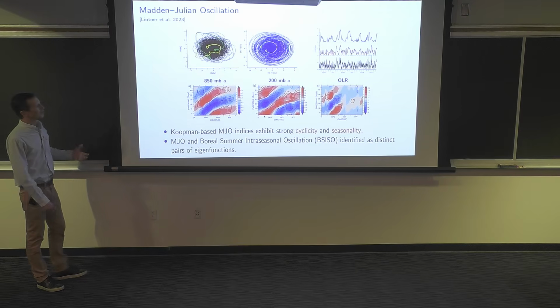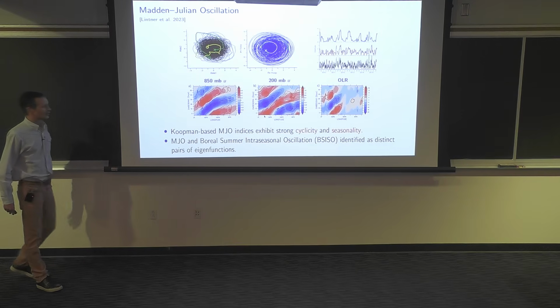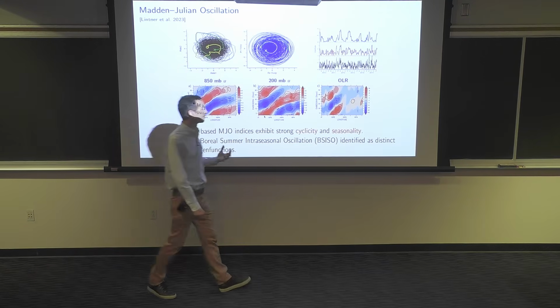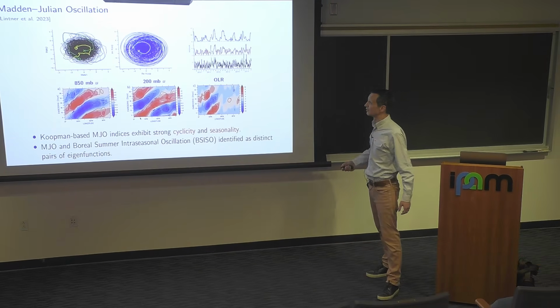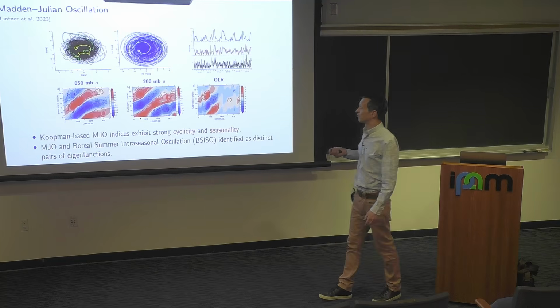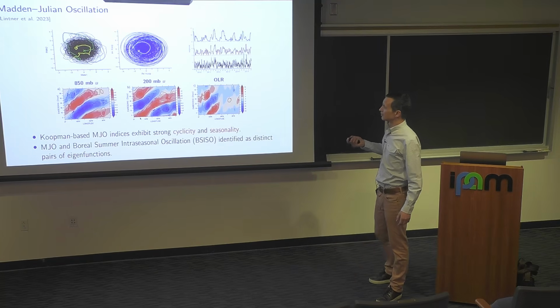Now, on to a related but more real-world example. This is showing something similar for extracting an index or eigenfunction that represents the Madden-Julian oscillation.